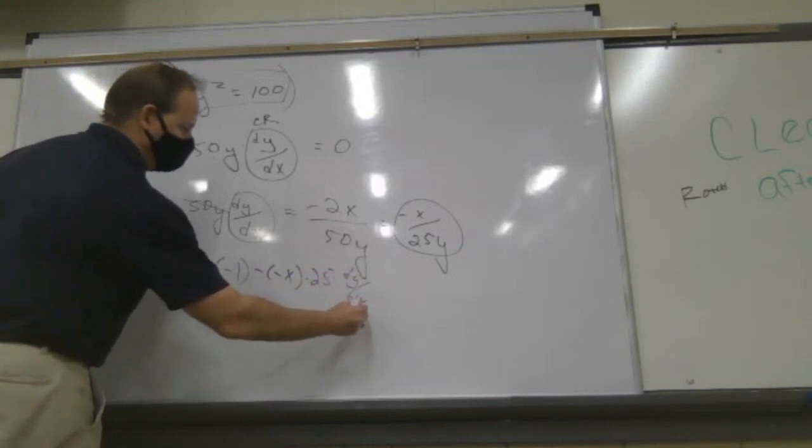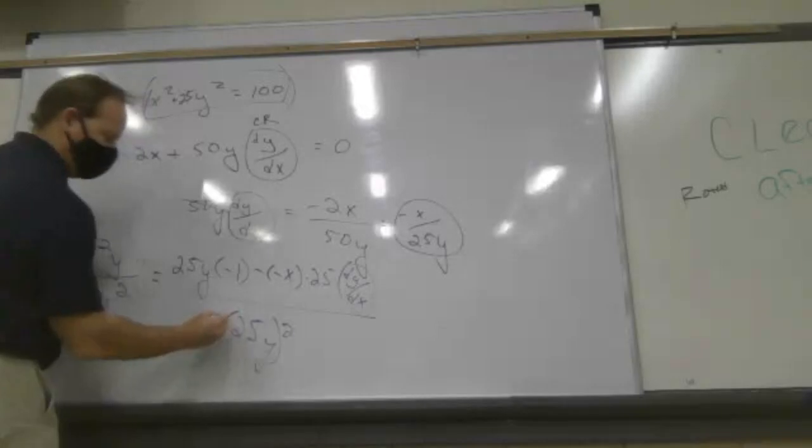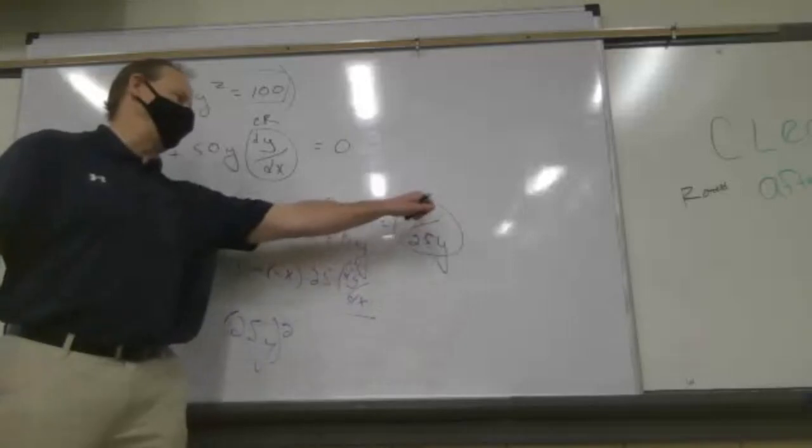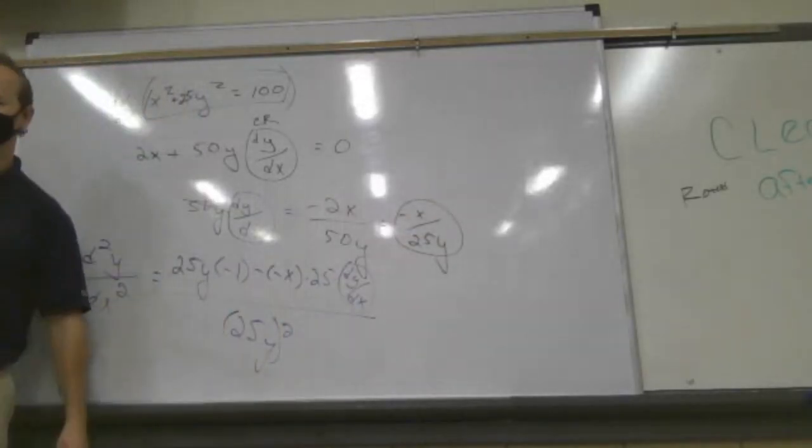Because it was a y there. All over the bottom squared, 25y quantity squared. Then I plug in what dy/dx is, minus x over 25y, and then you go through some algebra simplification.